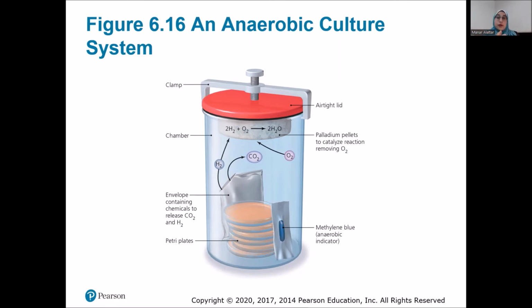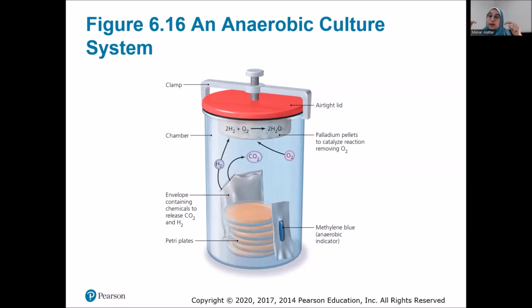So if the organisms that you're trying to grow are aerobic, you just incubate them as is. If they're anaerobic, then you need to find a way to deplete that environment of oxygen so those organisms can grow. There are these really complex jars that you can get with packets that will react with all of the oxygen in the air, and then you can grow anaerobic organisms.